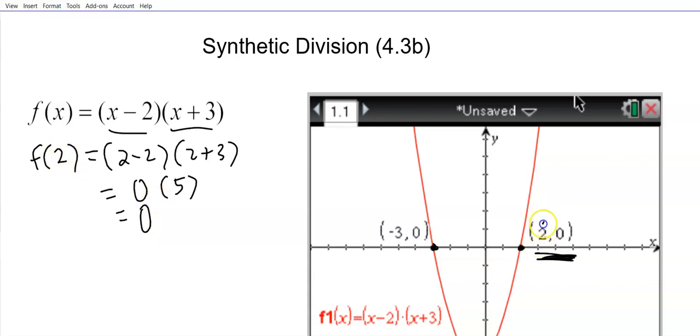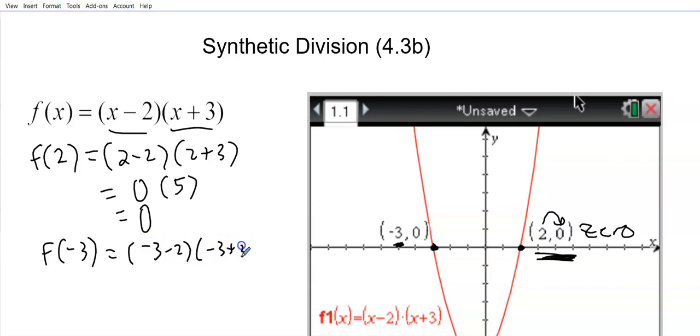We plugged 2 in and we got 0 as the result because, remember, this point is called a 0 of the polynomial, or a solution of the polynomial is 2. If you plugged in negative 3 in this one, I wonder what you'd get. Let's plug in negative 3 and see what we get. So we get negative 3 minus 2 times negative 3 plus 3, which is negative 5 times 0, which is 0.